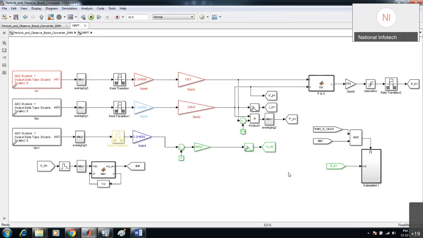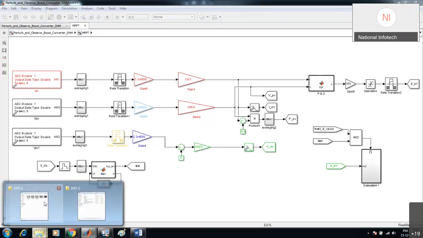First we will see how we can calibrate these voltage and current sensors in order to sense the actual quantity and get a smaller signal of that quantity. So I'll play some video here.